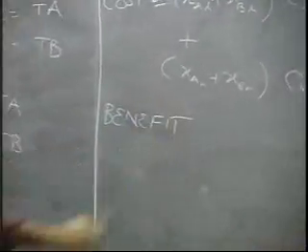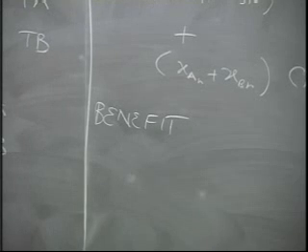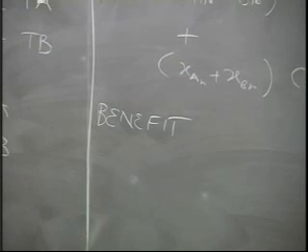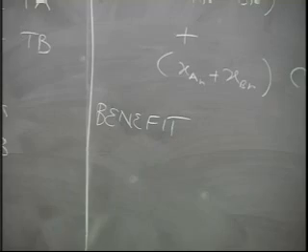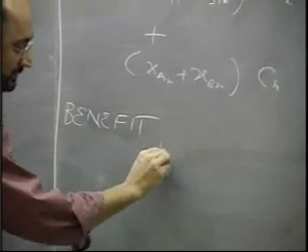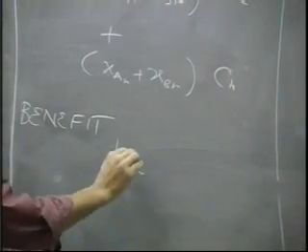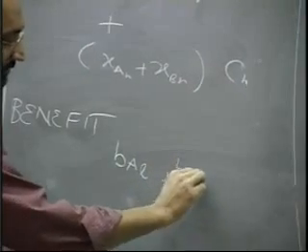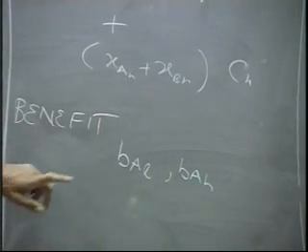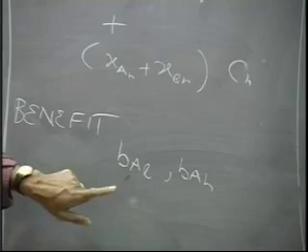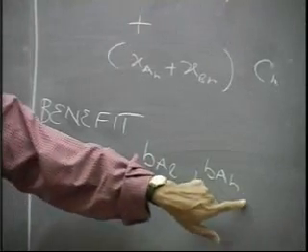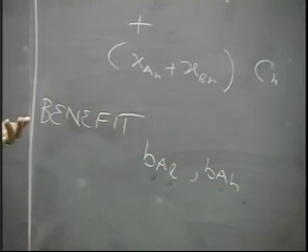Now, to measure benefit, assume that we have the following 4 variables: BAL, BAH, and similarly BBL and BBH. So what are these? This is the benefit that application A gets from sending on L and from sending on H. So let's say A is delay sensitive.